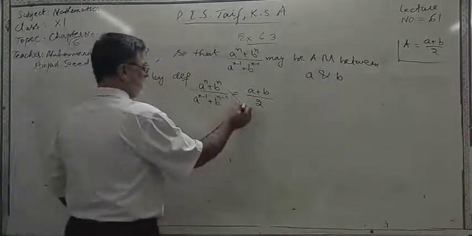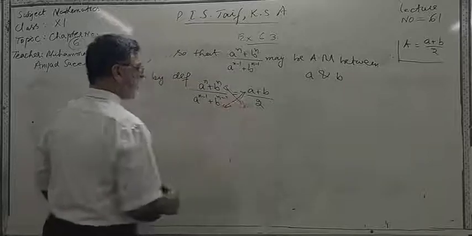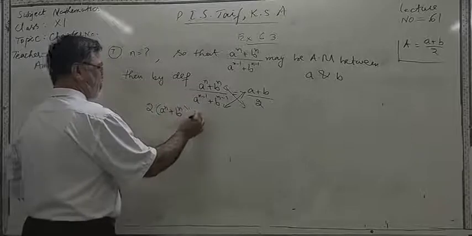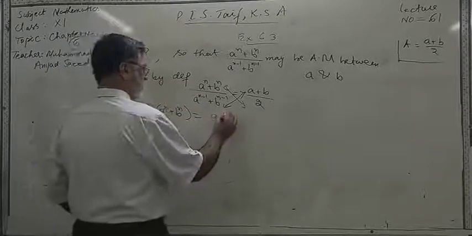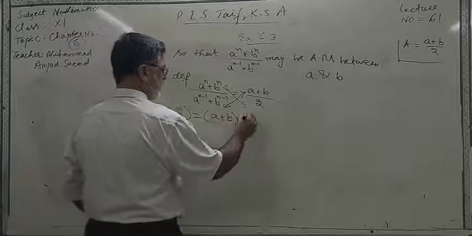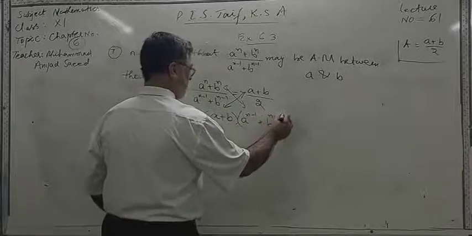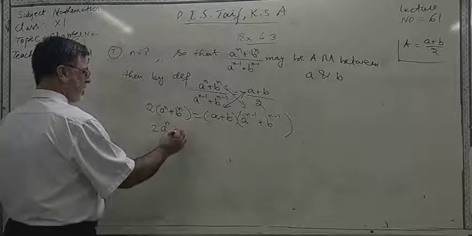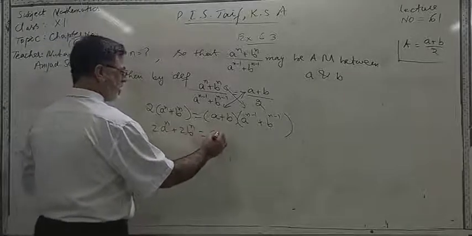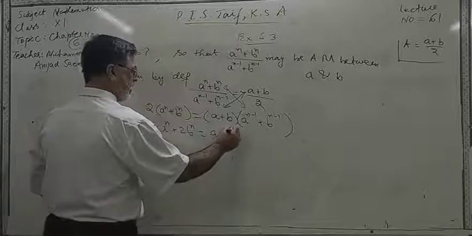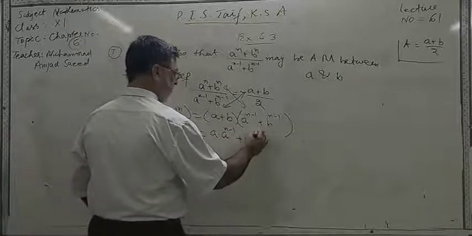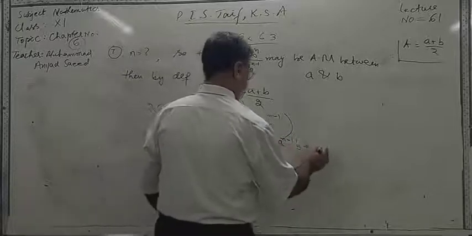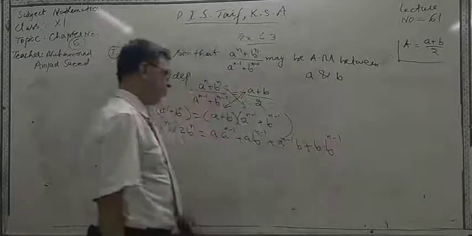Having cross multiplied, dear students, 2(a^n + b^n) is equal to (a + b)(a^(n-1) + b^(n-1)). You can have 2a^n + 2b^n equal to a·a^(n-1) + a·b^(n-1) + a^(n-1)·b + b·b^(n-1).